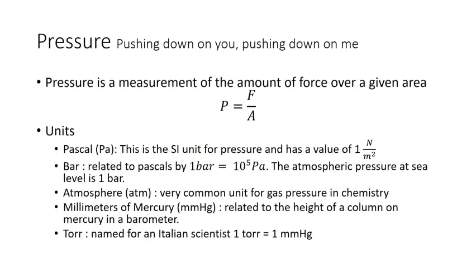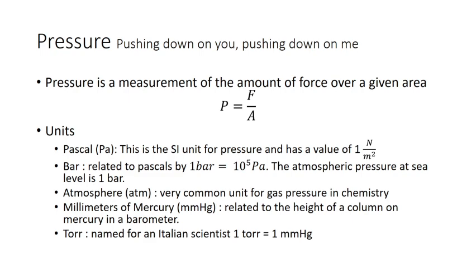There are several units here that we define pressure by. One is the Pascal. This is the standard unit for pressure, the standard scientific unit. There's also bar, which is related to pascals by the fact that 1 bar equals 10 to the 5th pascals. Atmospheric pressure at sea level is 1 bar.